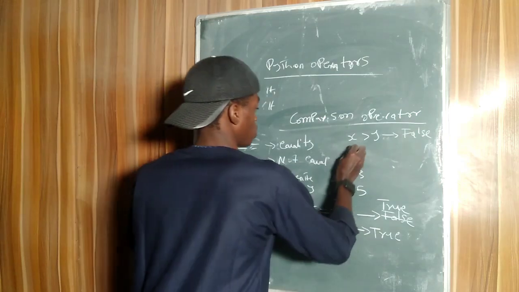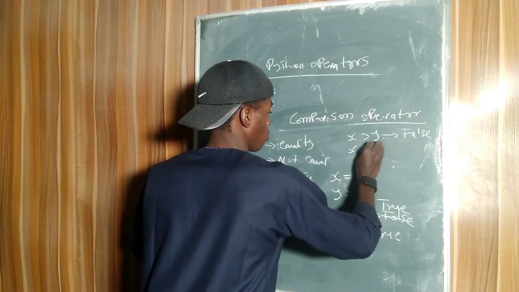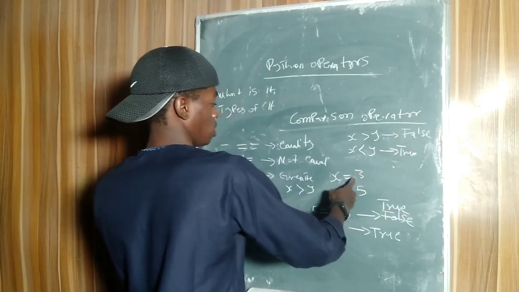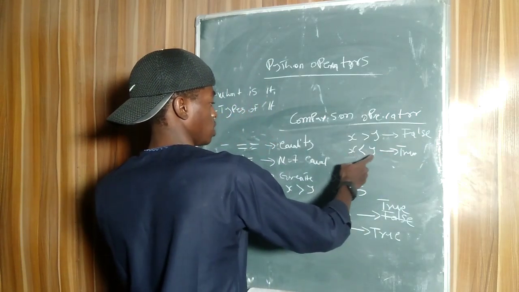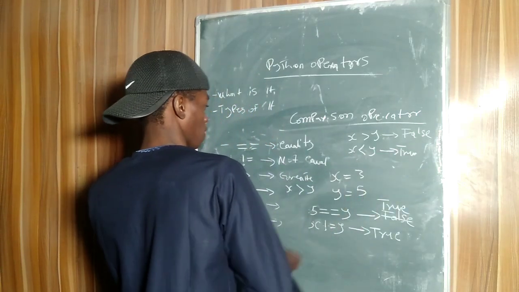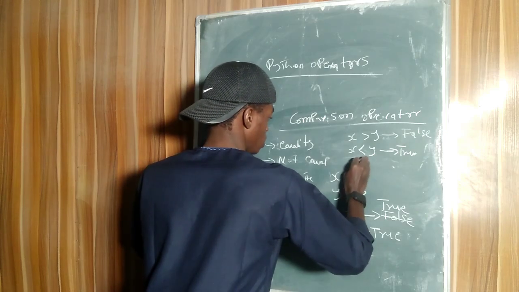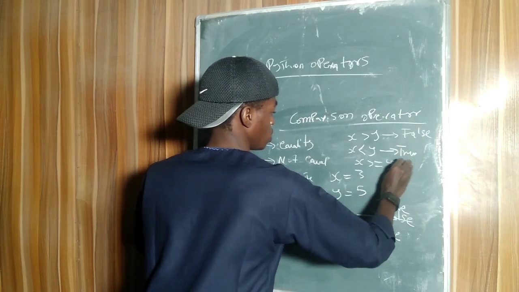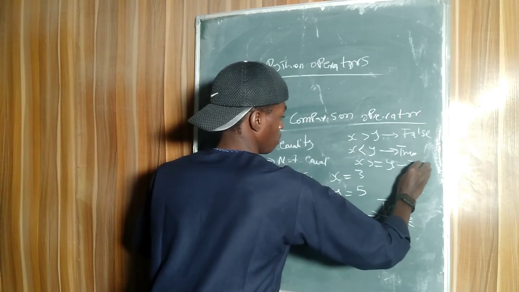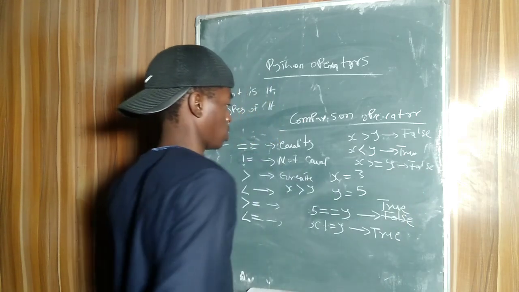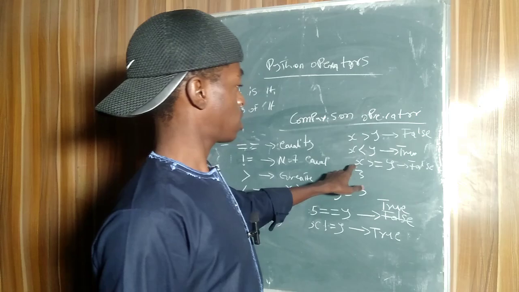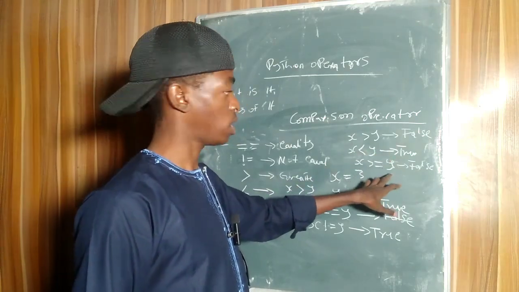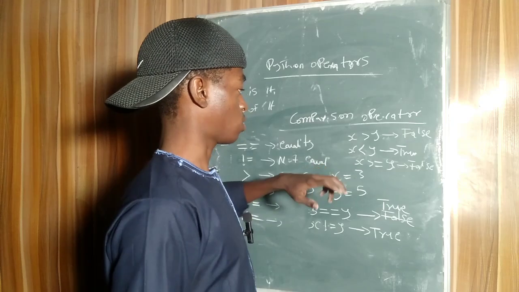So if I ask, now is x less than y? Then this one is going to be true, because x is 3 and y is 5, and 3 is less than 5. Yes. And then we have, is x greater than or equal to y? This one is also going to be false, because x is not greater than y, and x is not equivalent to y. Then we're going to get the output of false.